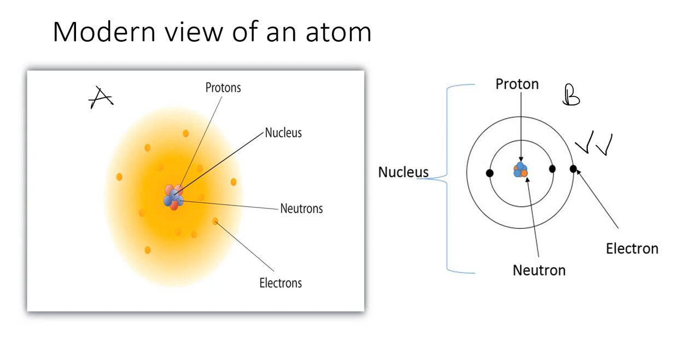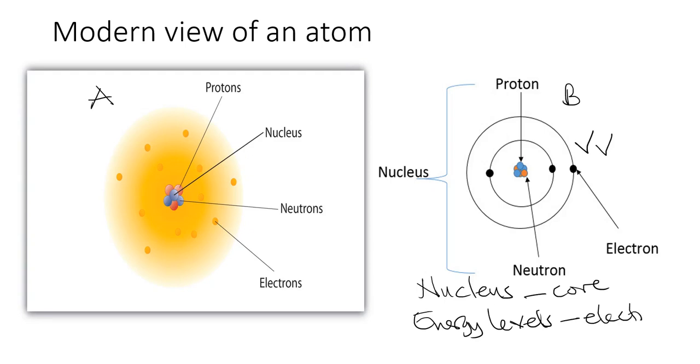Now, let's try to look at these particles inside an atom. So we say we have the nucleus, which is the core, and then we have energy levels, that are the electron clouds. So these clouds are surrounding the nucleus.